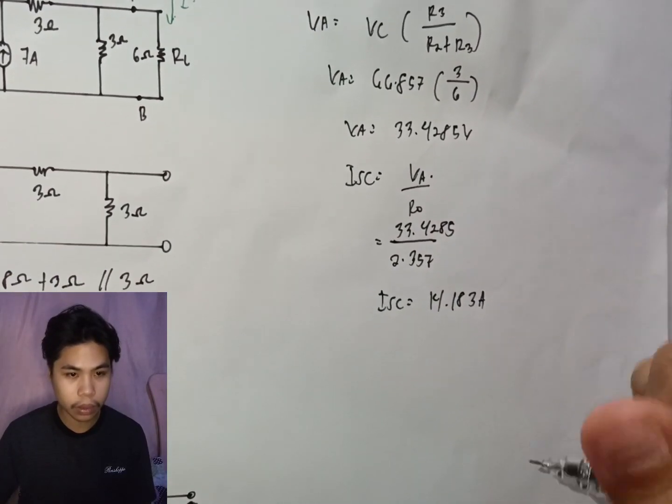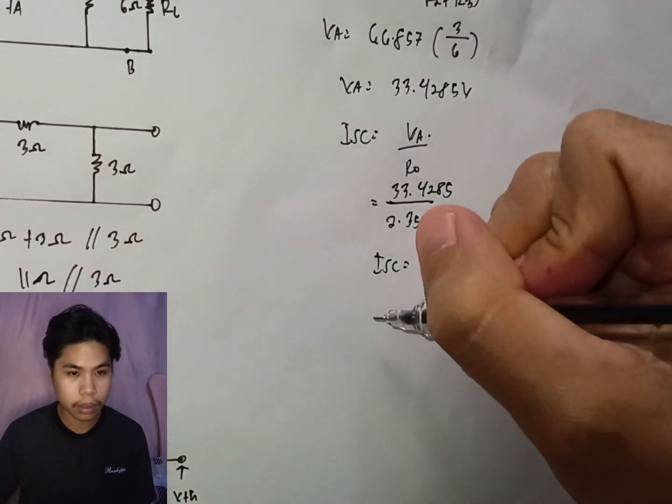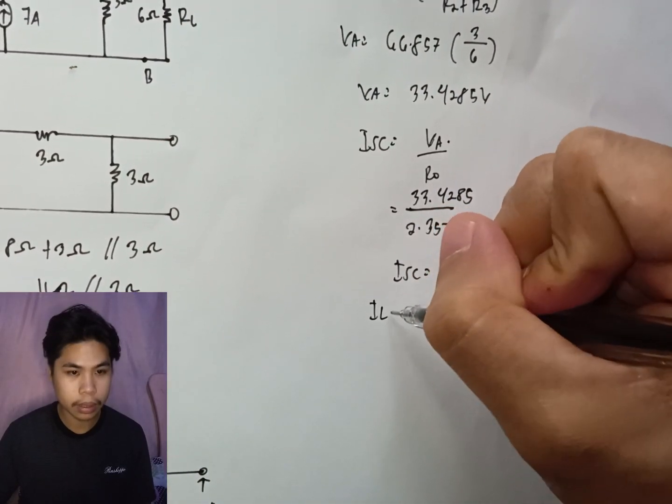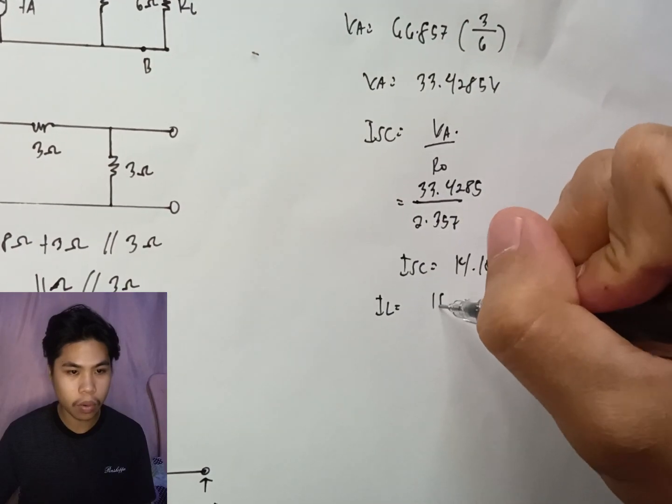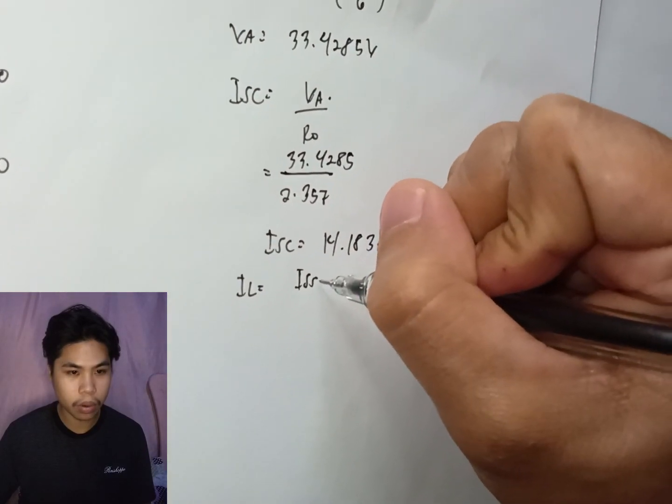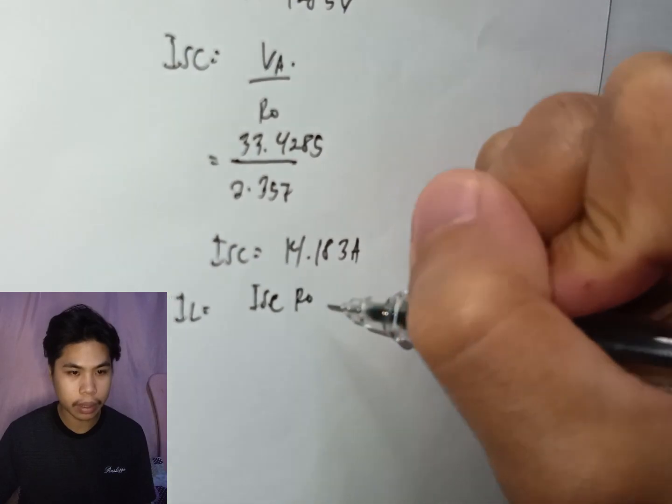So to find IL, IL is equal to ISC times RO all over by RO plus RL.